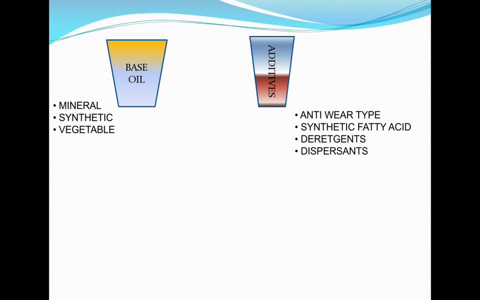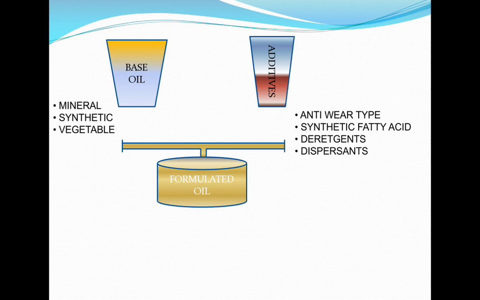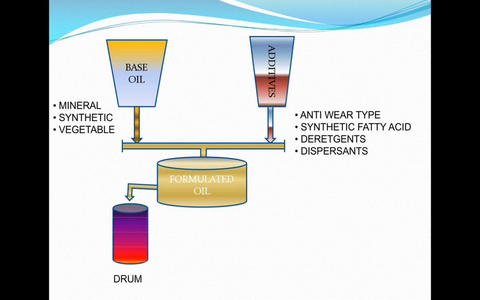Additives may be anti-wear type, synthetic fatty acid type, detergent type, or dispersant type. So when base oil and additive are added in a proper proportion, oil formulation starts. These two constituents are added, and finally after formulation we get the lubricant.